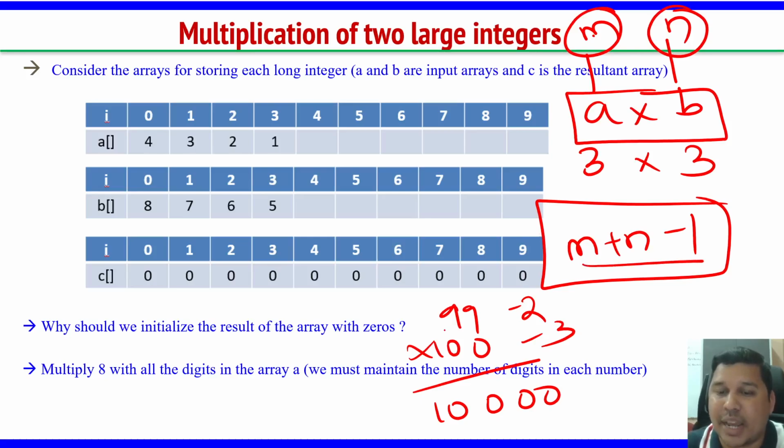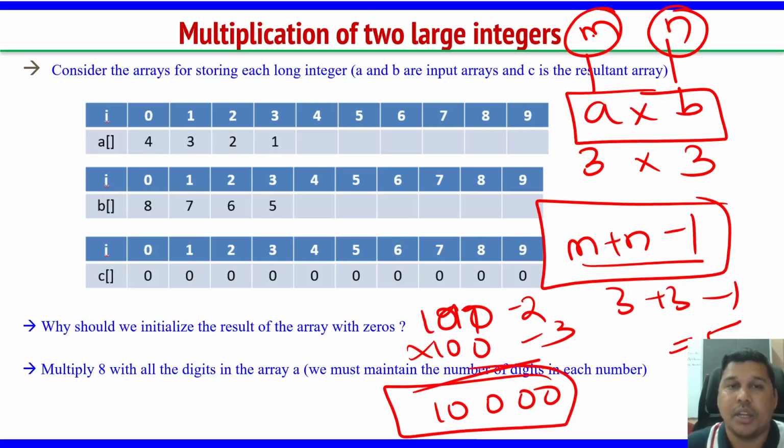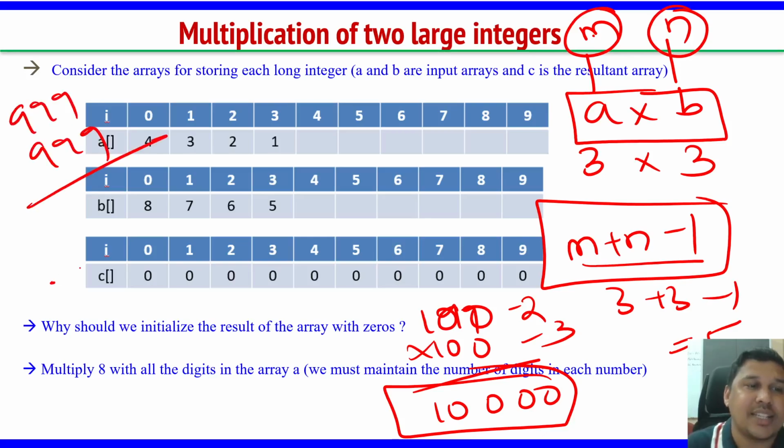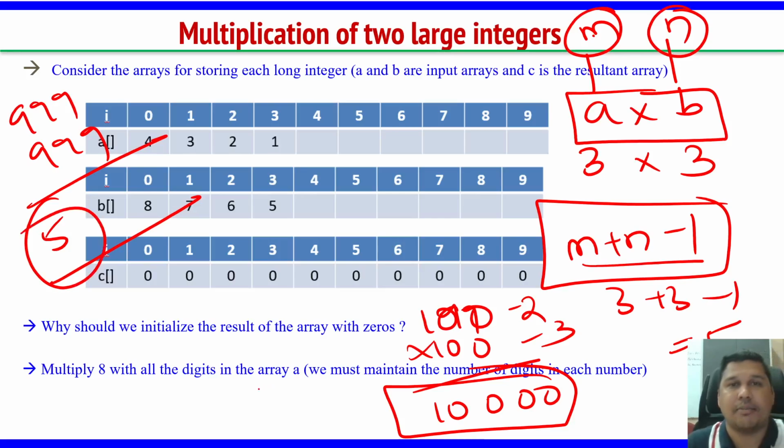So in this case, what happened when you multiply 100 and 100? It is 3 plus 3 minus 1, that is 5. See, you got 5 digits here. Even if you multiply 999 and 999, your answer will be 5 digits only, because 3 plus 3 minus 1. So the maximum range is m plus n minus 1.